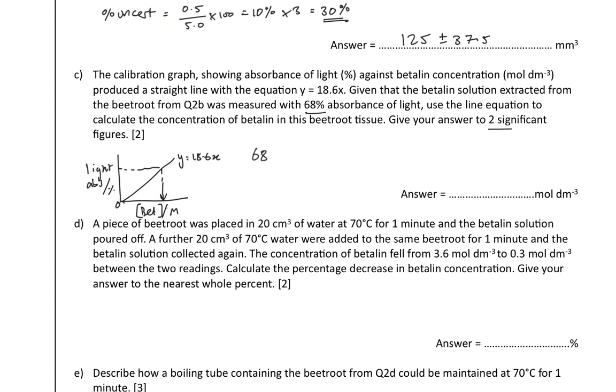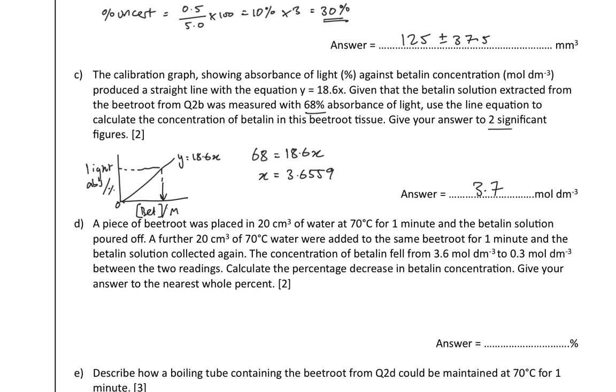So 68 equals 18.6x, so x equals 68 divided by 18.6, which is 3.6559, etc. But I want 2 sig fig, so it's 3.7.